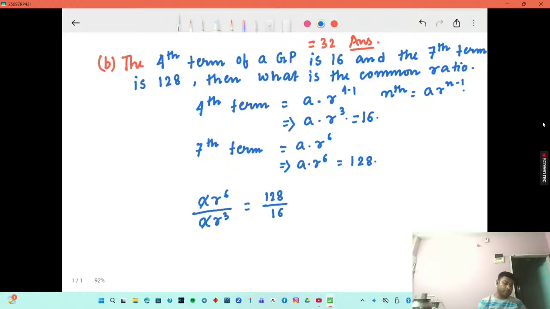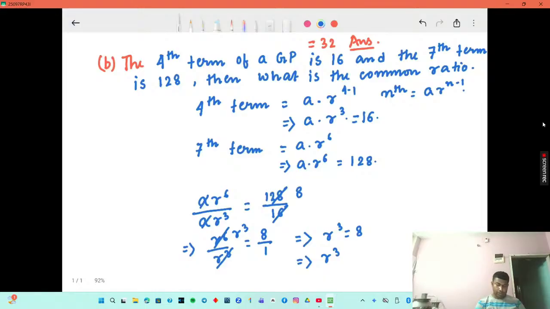So now a cancels out, and if we divide 128 by 16, we will get 8, since 16 times 8 is 128. So we can write r to the power 3 by 6 cut gives r cube equal to 8 by 1. Therefore r cube is equal to 8, and r cube is equal to 2 cube. Therefore r is equal to 2.